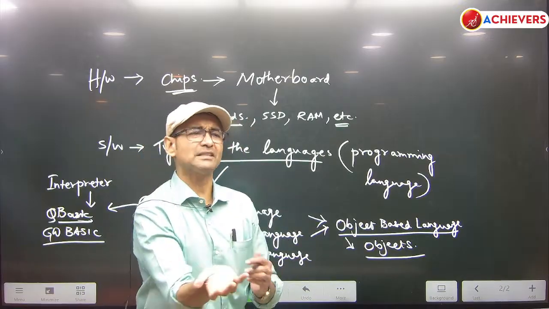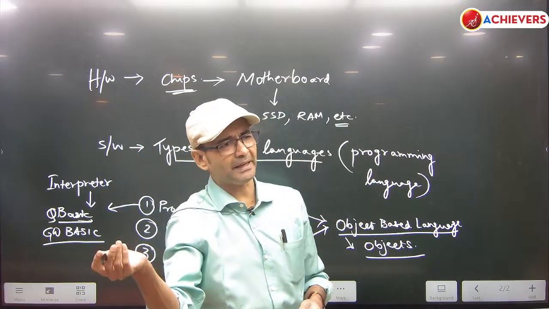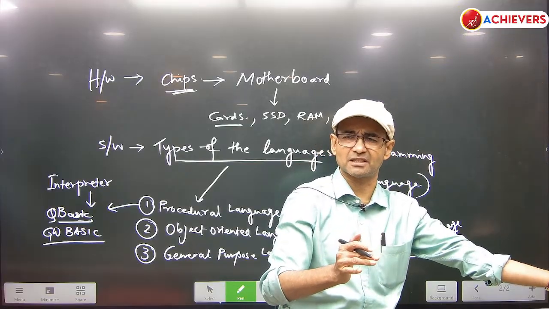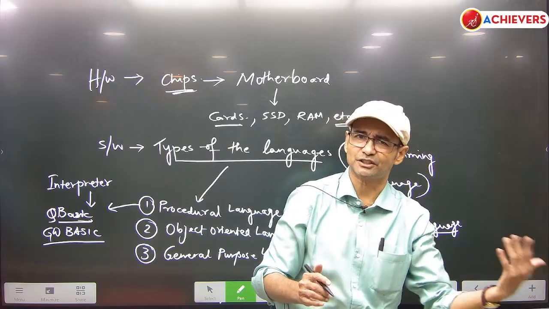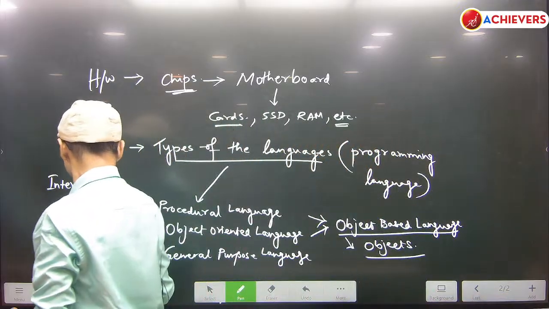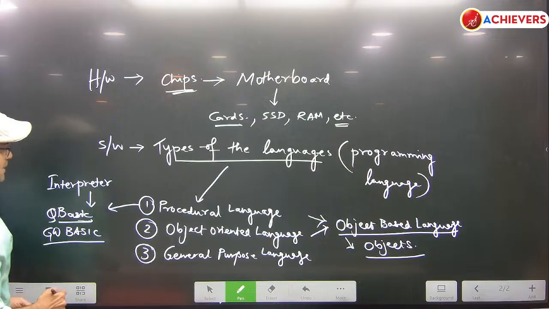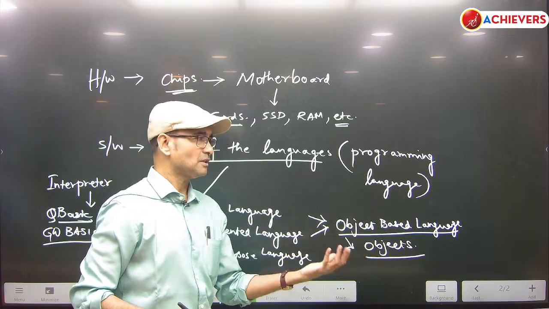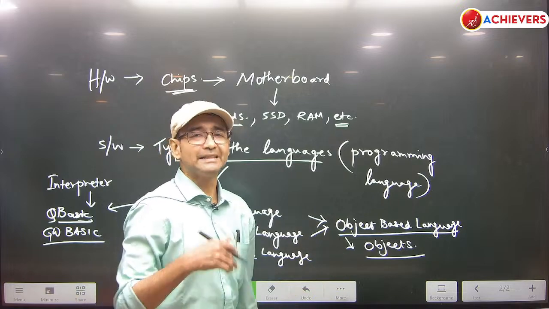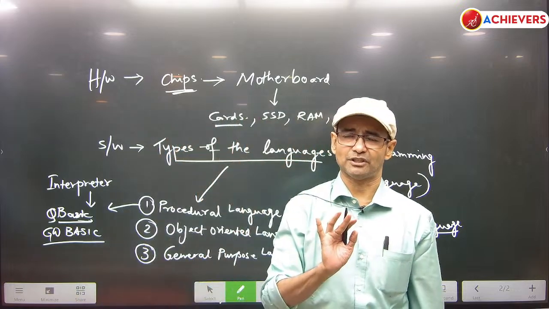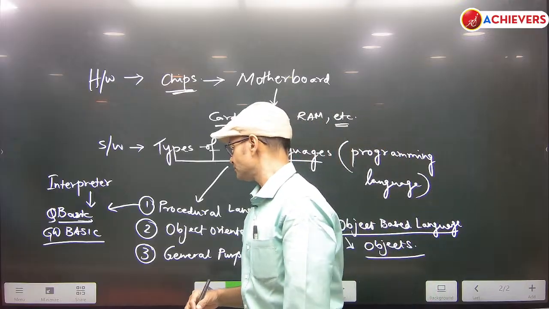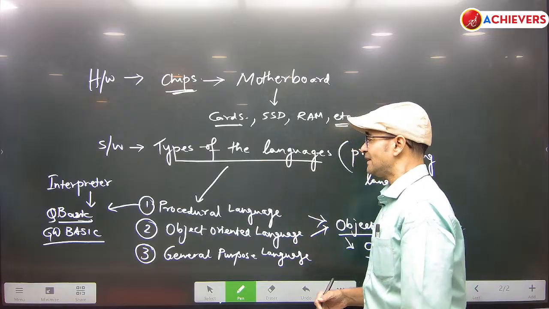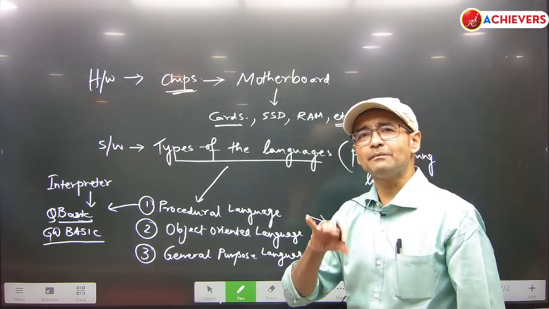We can also have a sub function. That means from the main function we call a function, and from that function we can again call two or three functions. So that is the concept of sub function, which is based on procedural language. Whenever we have the concept of functions or procedures that are called, we define that as the procedural language.